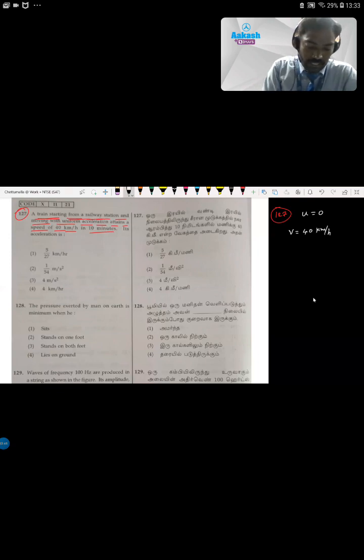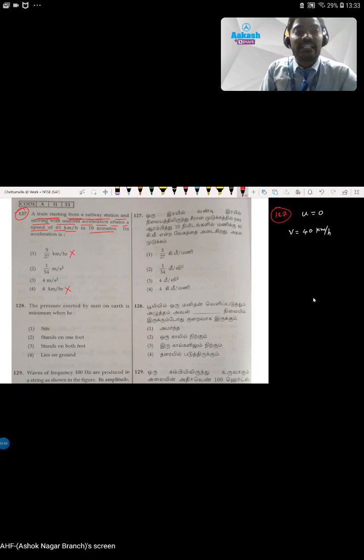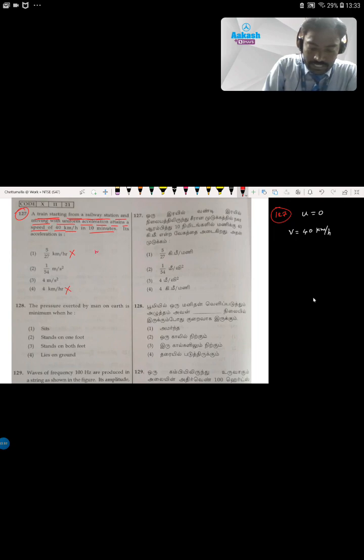The options are mixed, but directly by looking at the options you can eliminate two options. Why? Because the unit of acceleration in the SI system is meter per second square, in another system, say, kilometer per hour square. But in option 1 and option 4, they have given kilometer per hour. So that is logically wrong.